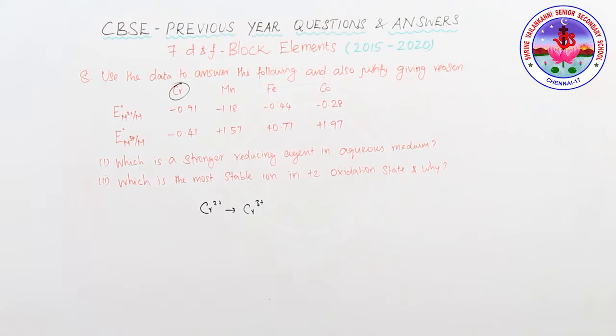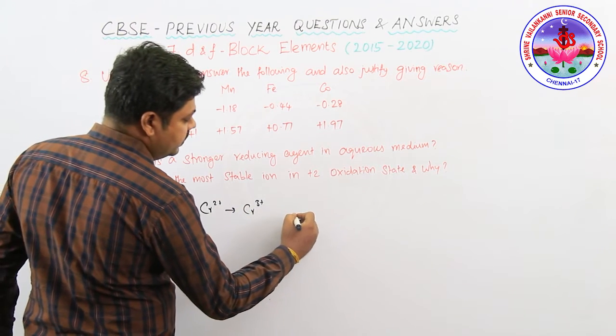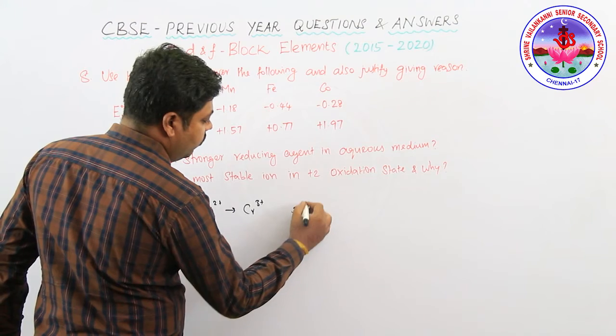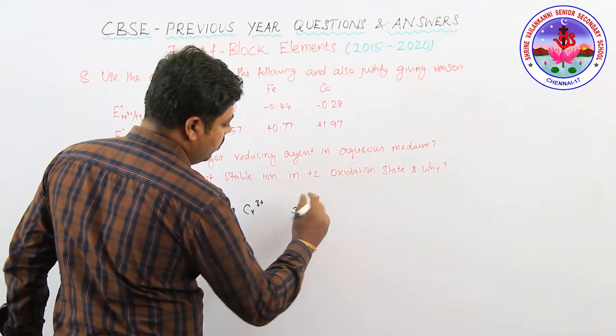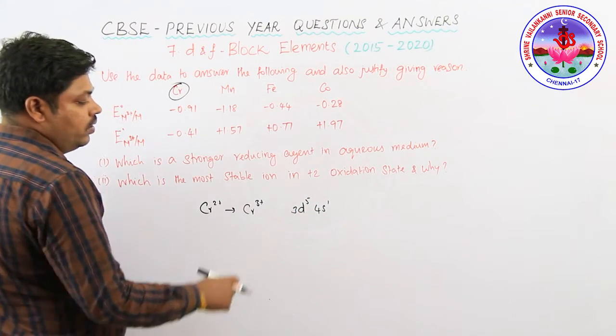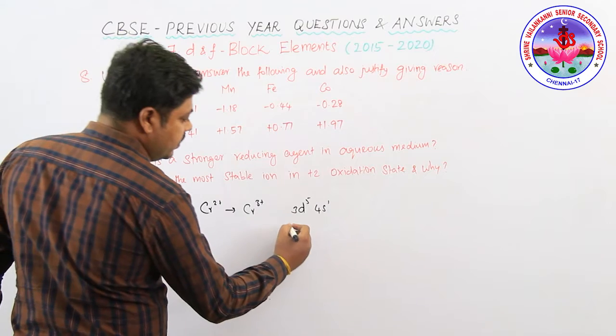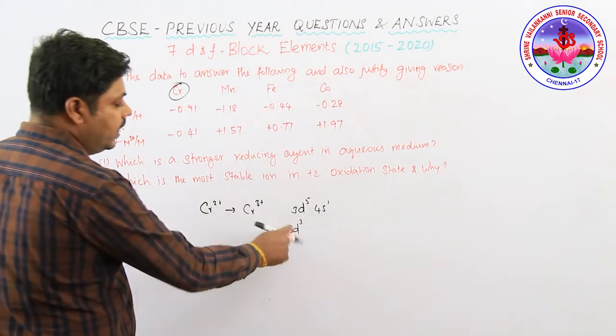The reason is that Cr2+ goes to Cr3+, which has a half-filled t2g level, that is, t2g is 3. I will explain that. The outer electronic configuration of chromium is 3d5 4s1. Chromium 3+ means 3 electrons are removed, so it is 3d3.